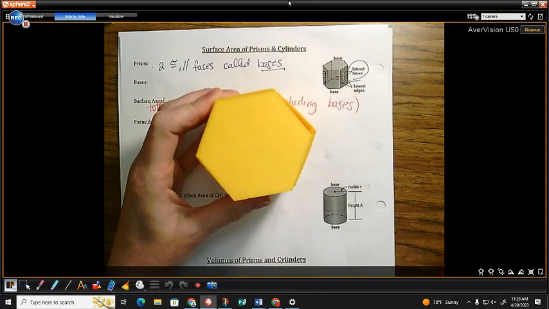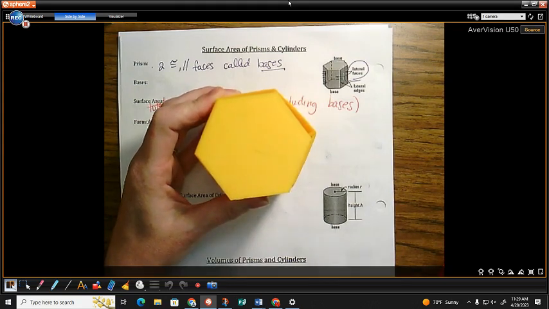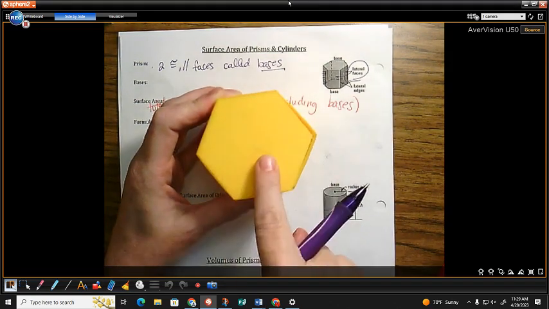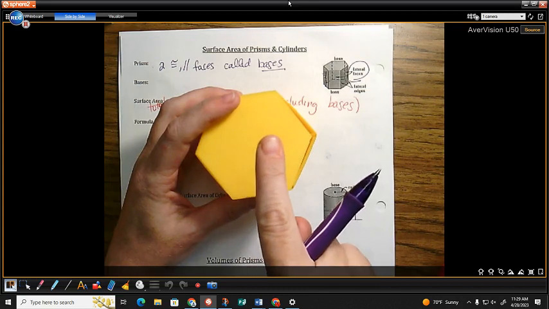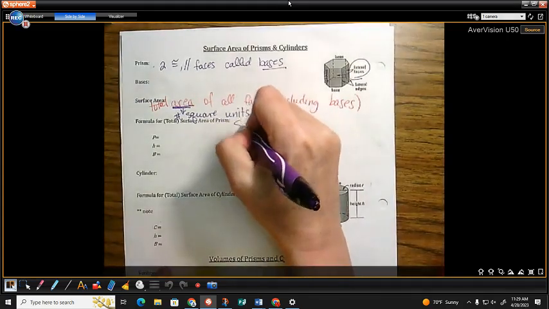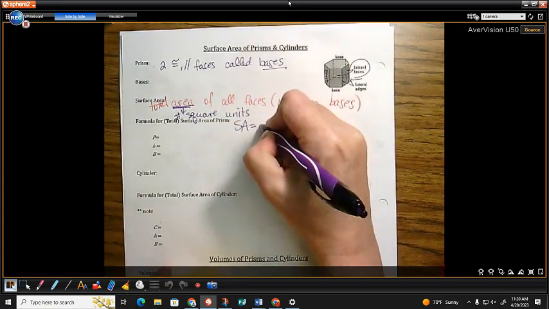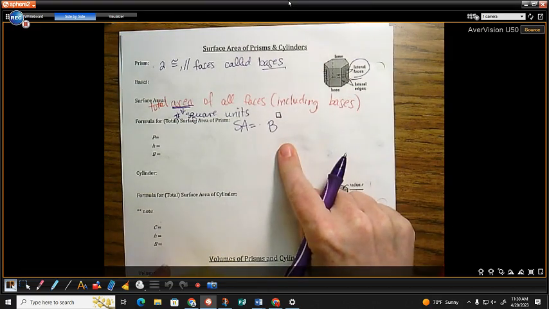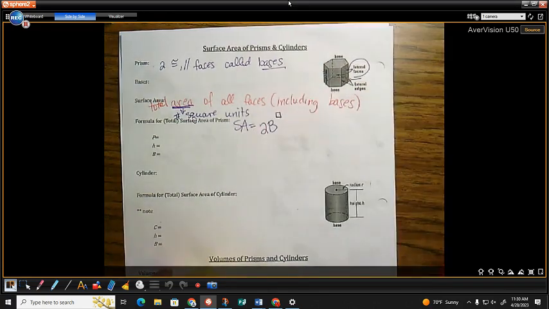And I want to find the total surface area. Well, what will I need to find the area of if it's a prism? What shape is this? A hexagon, and it's one of the bases. Oh, but wait, how many bases does a prism have? 2. So if I want to find the surface area, I need to do the area of the base, which always gets a big B, and I need to do it twice, because they're going to be congruent.